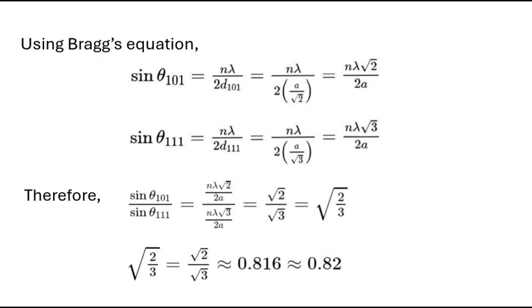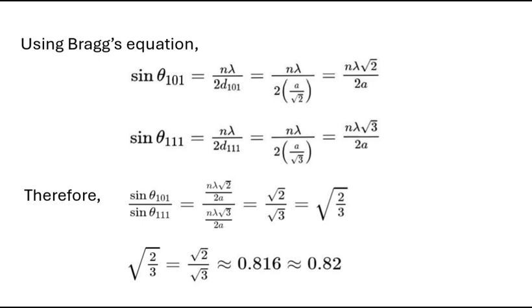Sin theta 1 is equal to sin theta 101 is equal to n lambda by 2d101. Substituting the value of d101, we get sin theta 1 as n lambda root 2 by 2a. Similarly, finding the value of sin theta 2, that is sin theta 111, we get the value as n lambda root 3 by 2a.